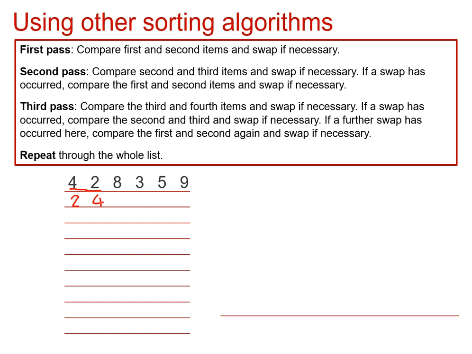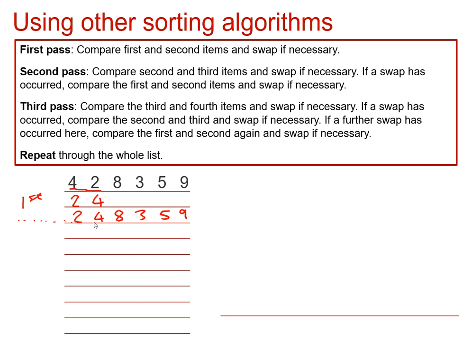2, 4. So after our first pass, our list looks like this: 2, 4, 8, 3, 5, 9. Alright, so let's just indicate here that that was the working for our first pass. For the second pass, we're going to start by looking at the second and third items.